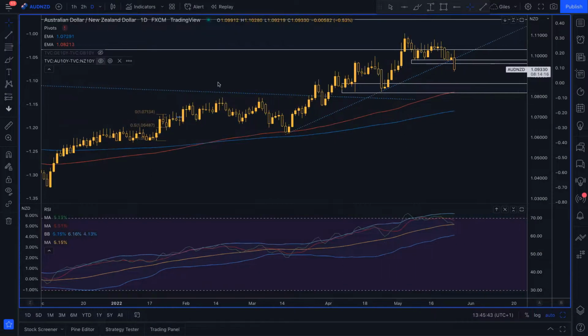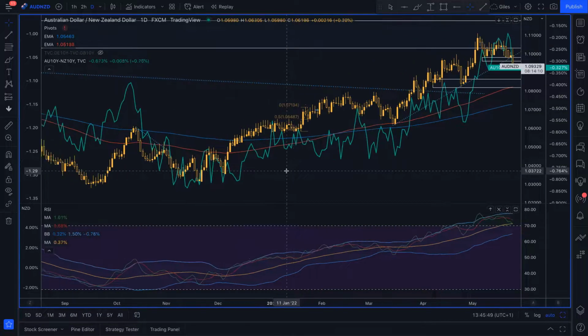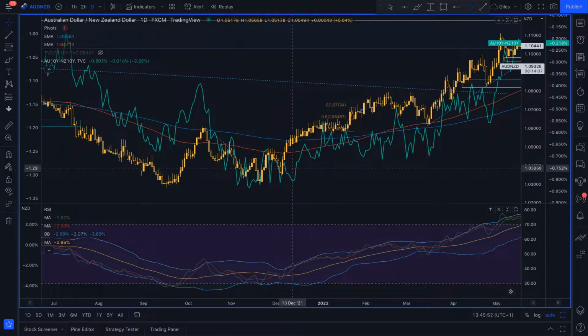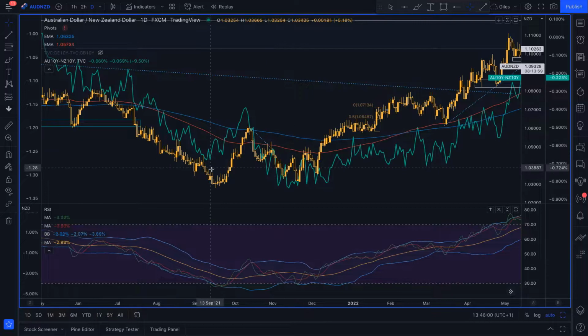So that bond yield spread gives you a good indication of where price is going to go. When you get a divergence between the bond yield spread and the price, the price will either have to catch up to the bond yield spread, or the bond yield spread will have to catch up to the price. So you can see here in September 21, the price is moving lower, but the bond yield spread is moving higher, and that ultimately brings price higher.